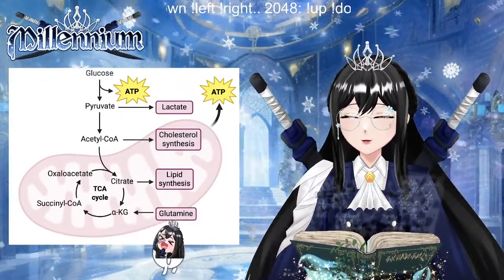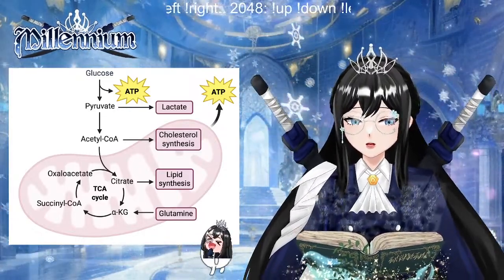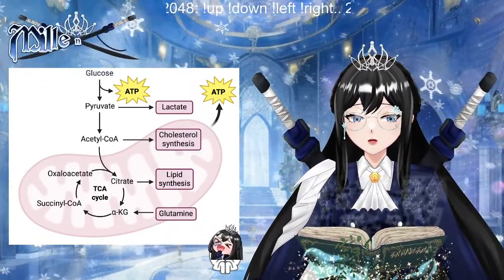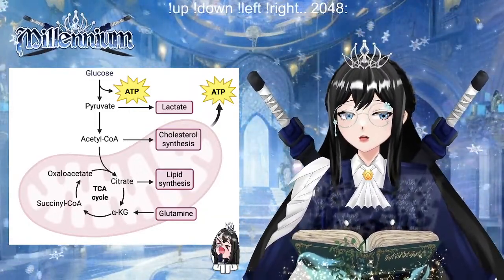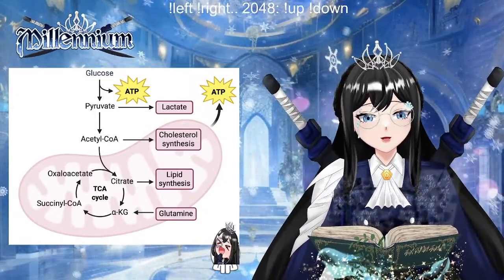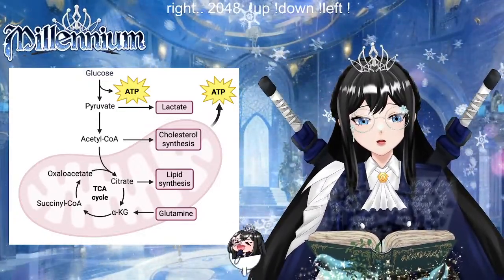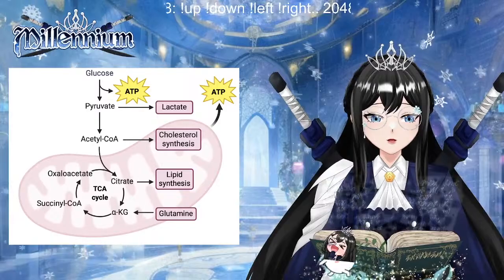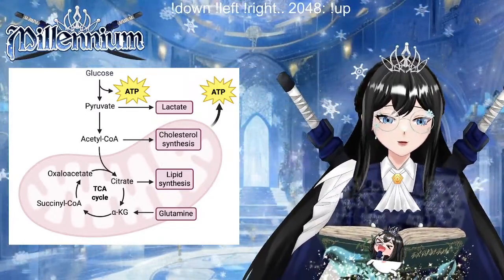So here we have a table of common oxidation states, and it shows a couple of organic molecules. We have methane, CH4. It has a carbon oxidation state of -4. Carbon dioxide, CO2, is +4.